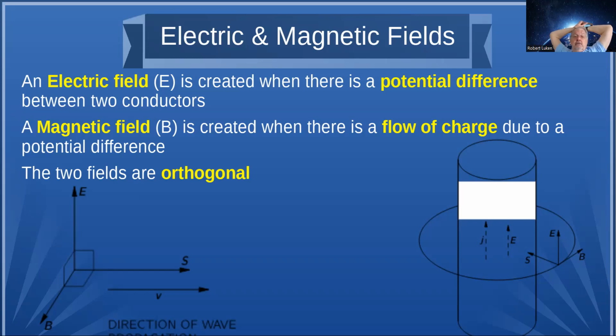These two fields are both there at the same time, and there's current flowing, but they're orthogonal. In other words, they're 90 degrees relative to one another. So when we produce an electromagnetic wave, it's called electromagnetic because it consists of an E field and a B field, or electric field and a magnetic field.